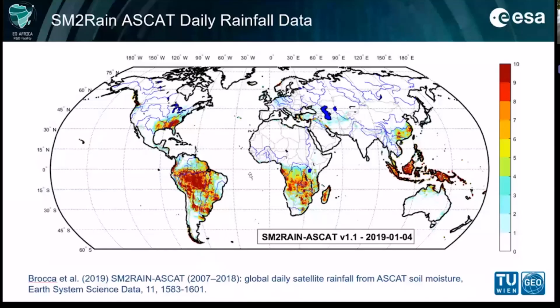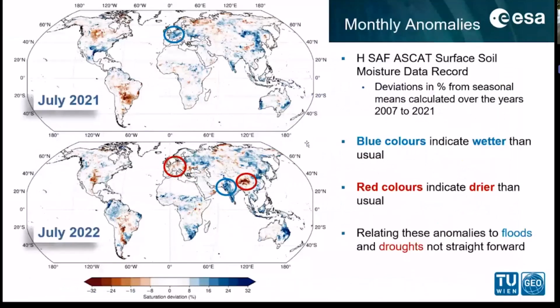Okay, so this was focusing on short-term soil moisture anomalies that very much reflect the input from precipitation. Now, if you start aggregating surface soil moisture observations over a longer time period, for example, say a month, then these become indicative of extreme weather conditions.